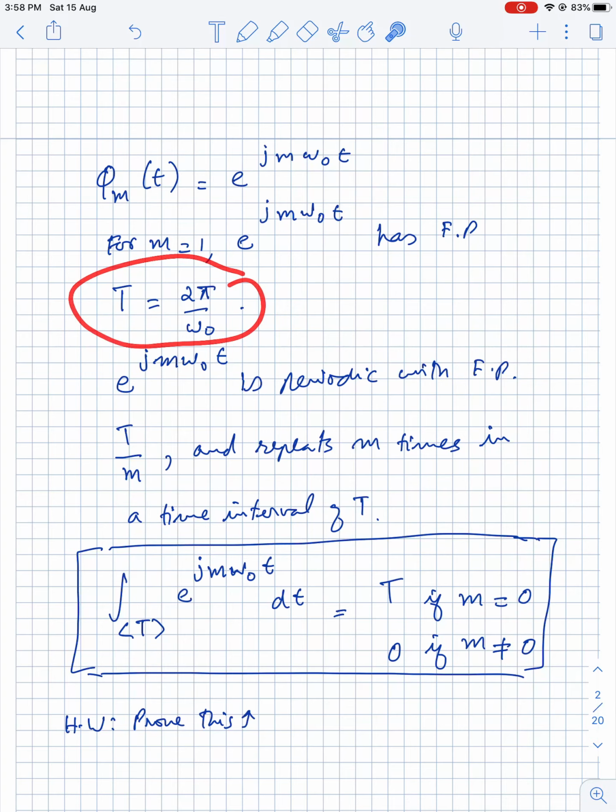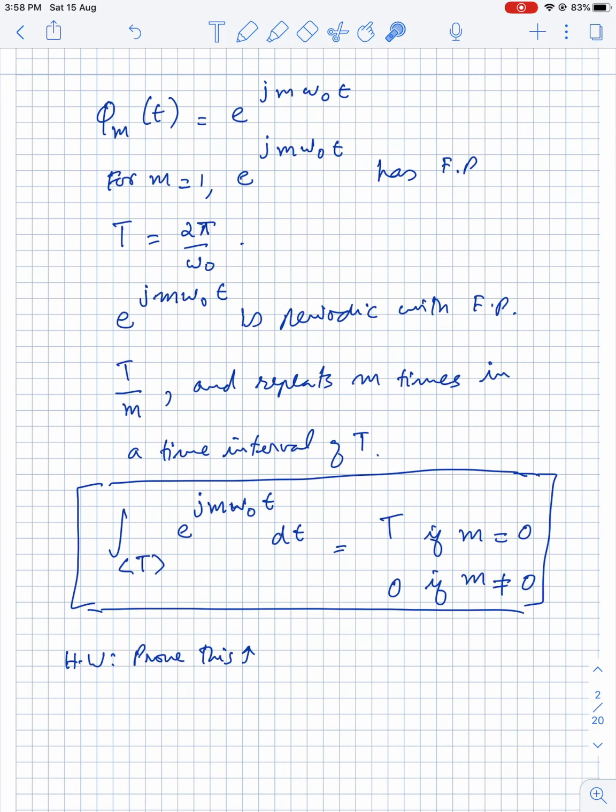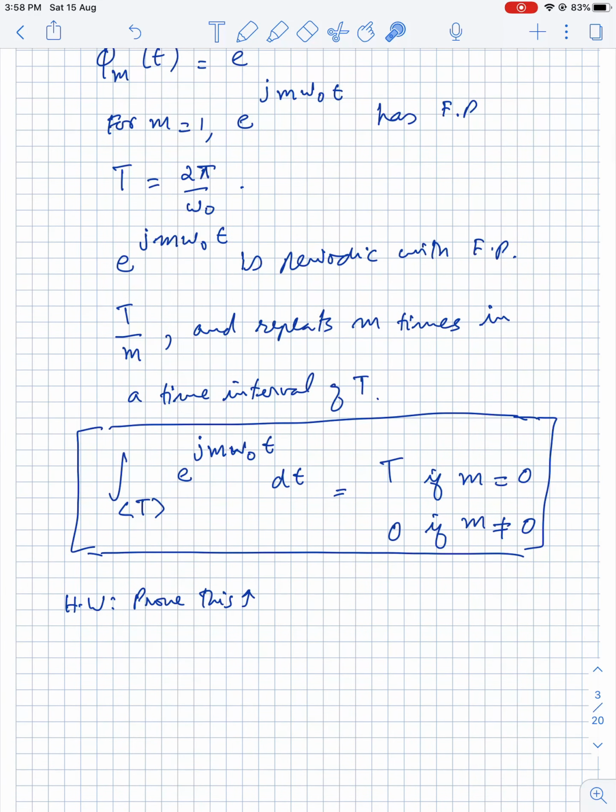This you know, and when the value of m changes, e raised to j m omega naught t, where m is not equal to 1, this signal is also periodic with a fundamental period T by m, this we saw earlier, and this repeats m times in the time interval of T. We have seen this, right? So these form the set of harmonically related complex exponentials.